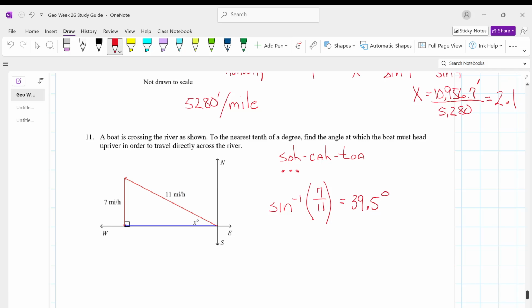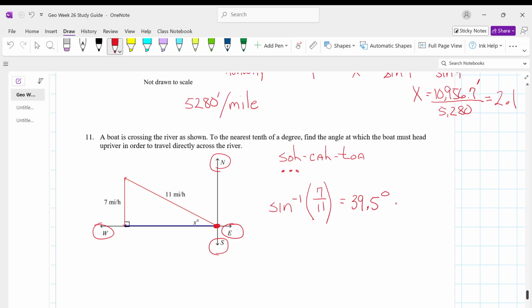Find the angle at which the boat must head upriver in order to travel directly across the river. Okay, so it's 39.5 degrees. He's trying to get from here, the origin of this compass. All right, these are in directions, north, south, west, and east. And he's heading this 39.5 degrees.